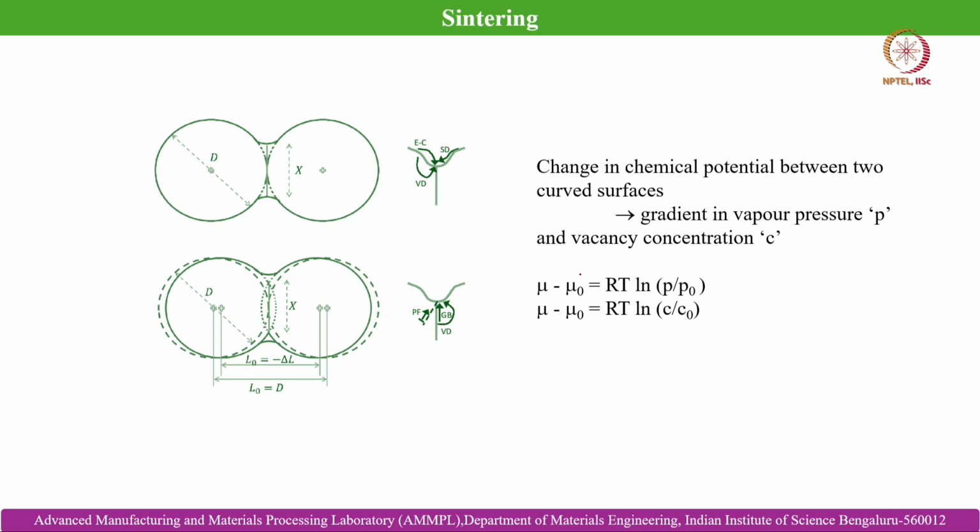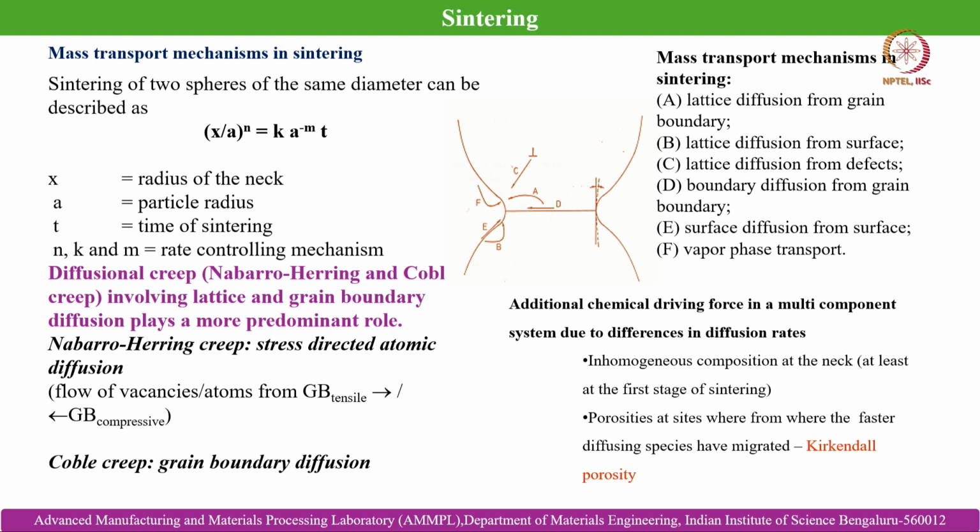So, the change in chemical potential, that is mu minus mu 0, is equal to RT ln P by P 0, which can also be expressed as mu minus mu 0 is equal to RT ln C by C 0. That means it can be expressed in terms of the vapor pressure P, and also by the vacancy concentration C.